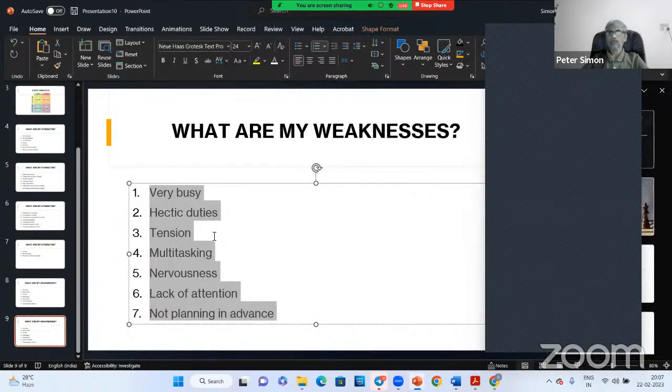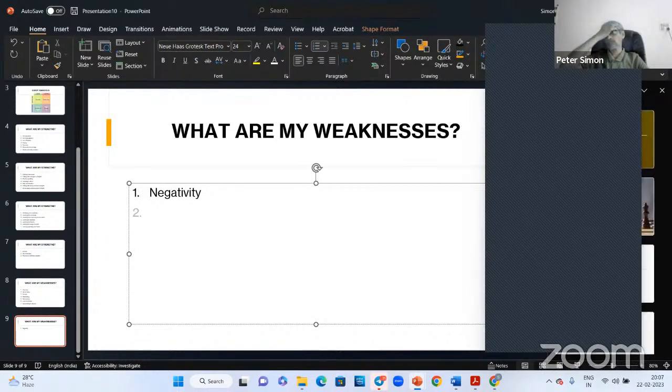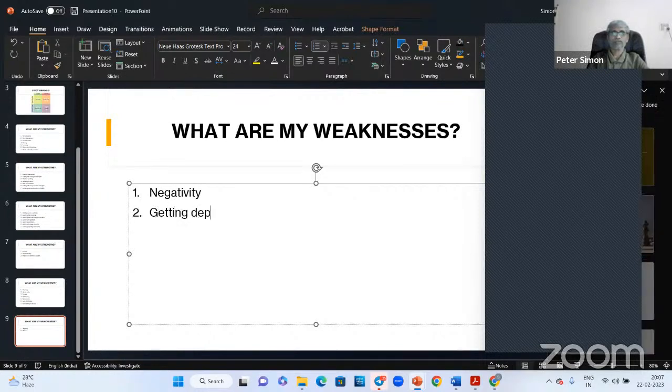Now, Harshal says sadness. Okay, that means negativity. I can do it or not. I'm not getting good results. Come on, write down your negative points. Getting depressed with low marks, with low grades. When you don't get good marks, you get depressed. Confusion.